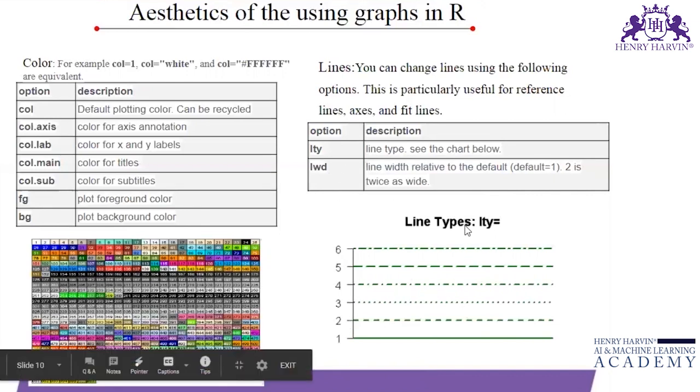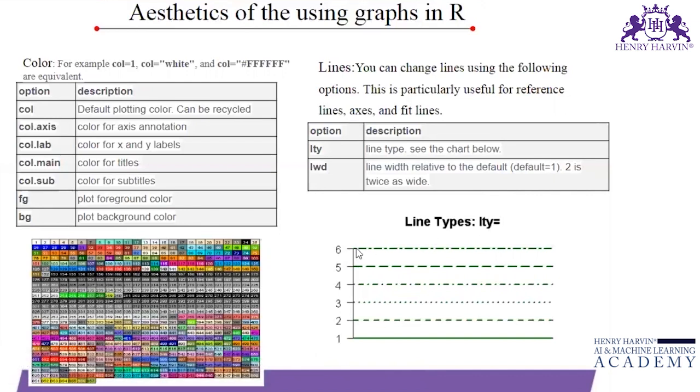If you want the line type to be 6, you can do lty equal to 6. It will be like the top line you can see, a small dash and a bigger dash. Then there is line width. For that the command is lwd. You can make the line big, or it can be a thin line.